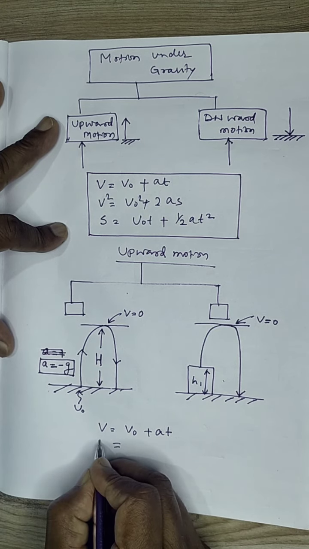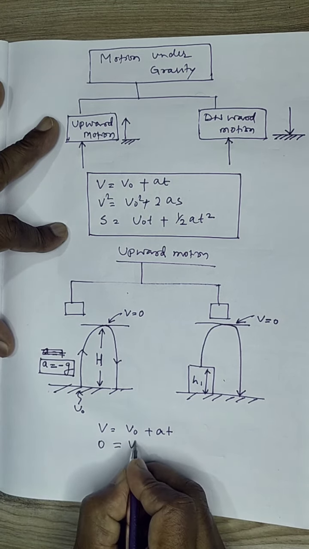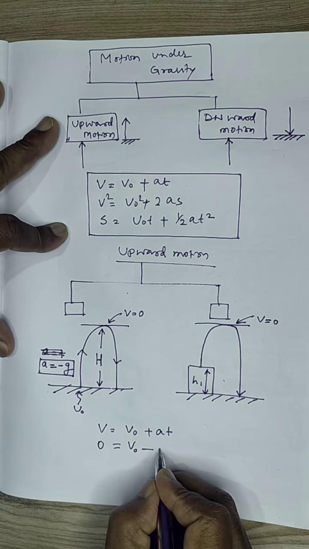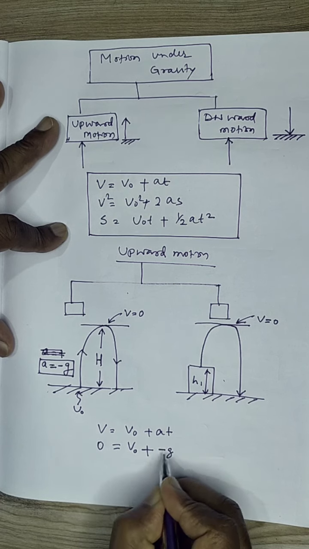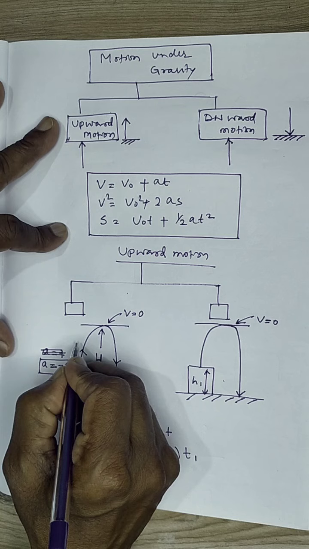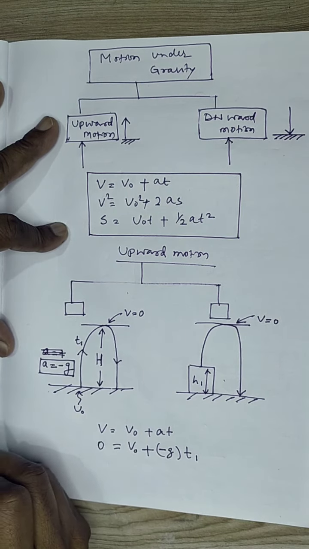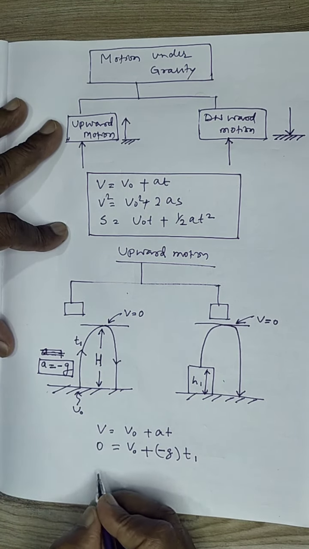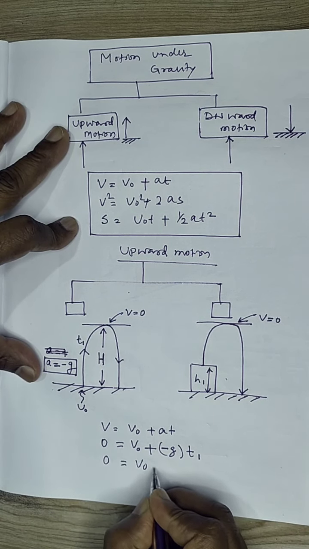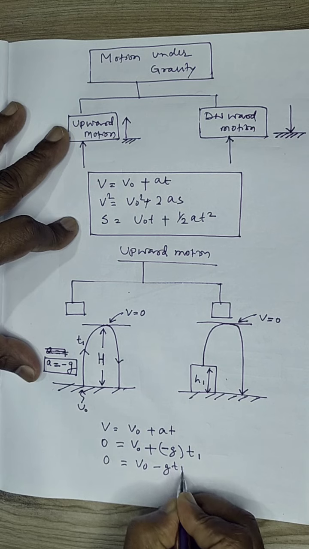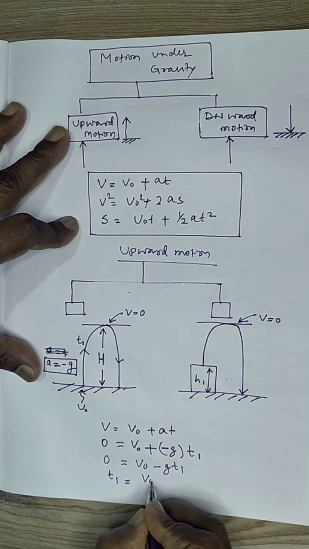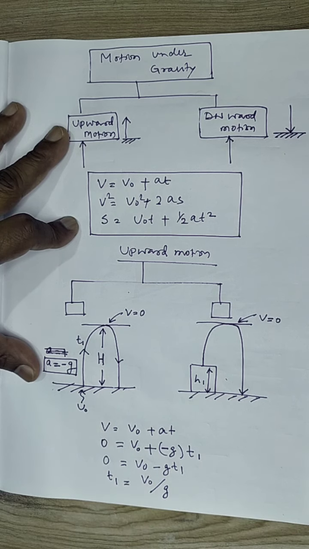Here v becomes 0, v0 the initial velocity remains same, a becomes minus g, and t becomes t1, the time of ascent. Here again 0 becomes v0 minus g t1. From this we get t1 is equal to v0 by g.